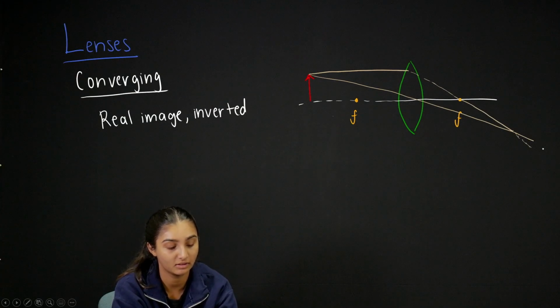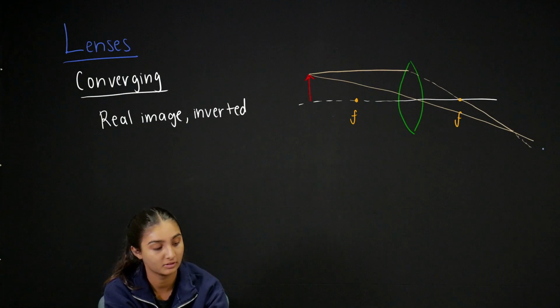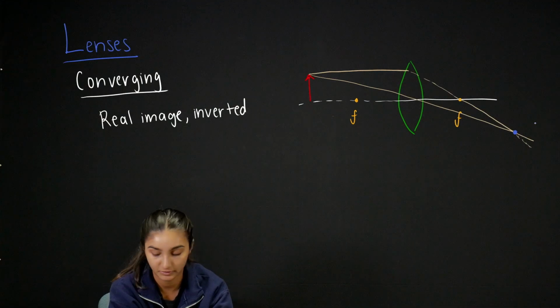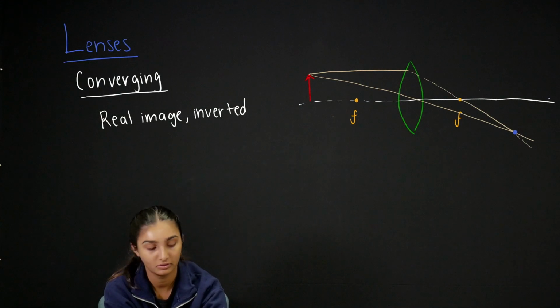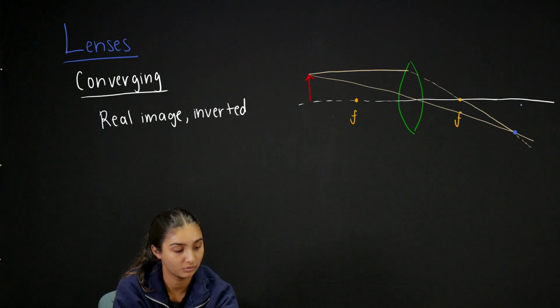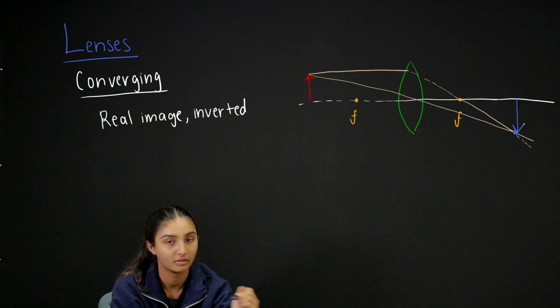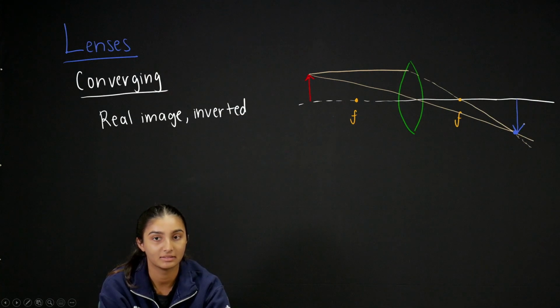Then we see our point of convergence, which is right over here. So our image is real, but it is inverted, and it looks like this.